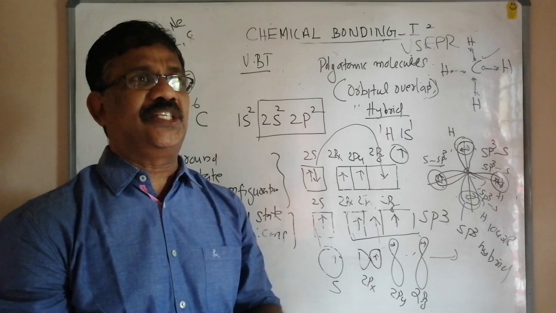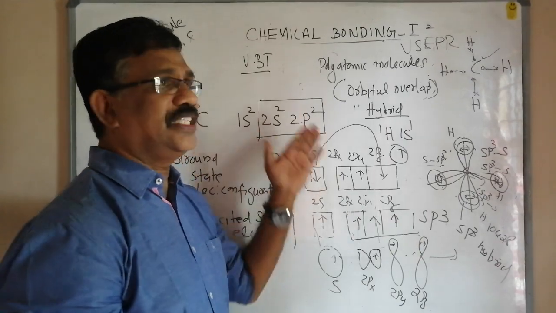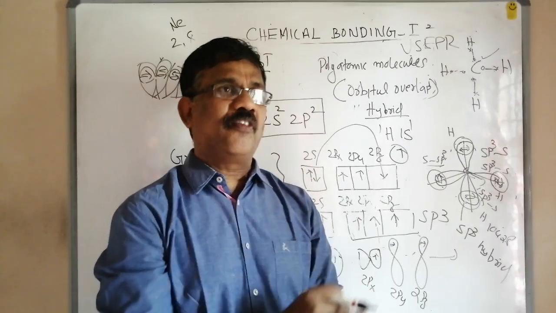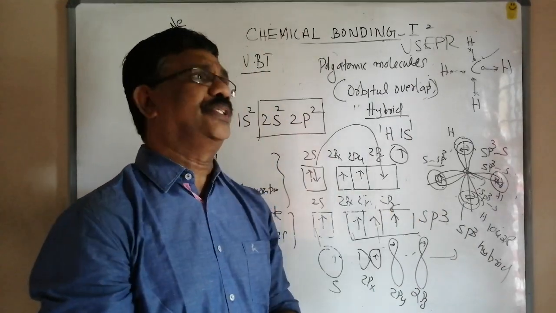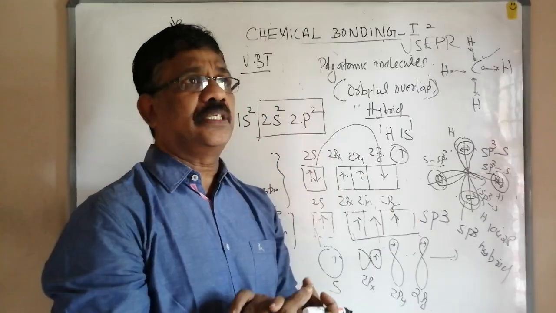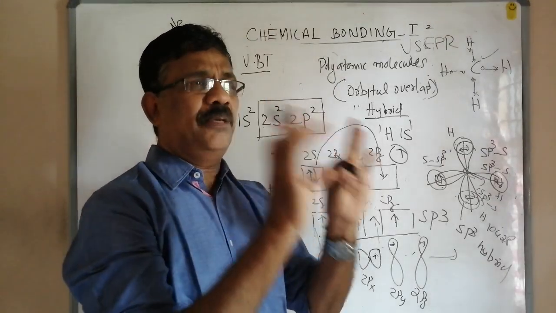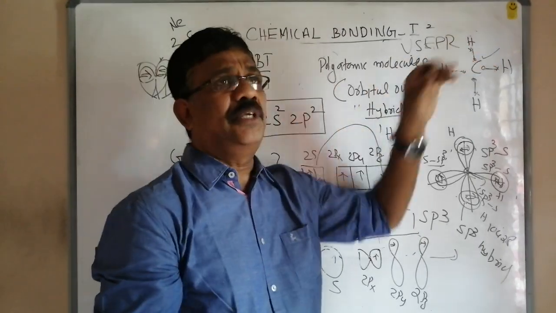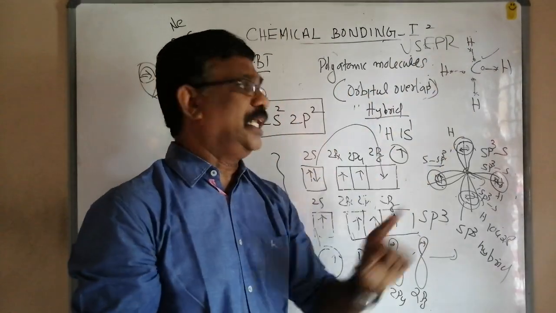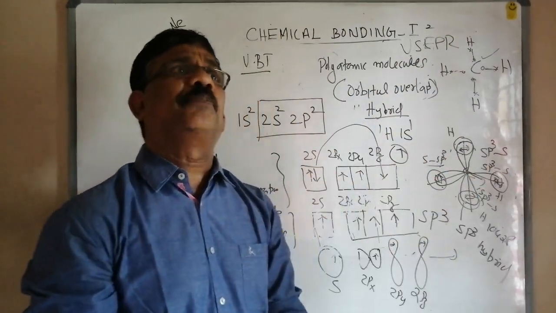How is a covalent bond formed? In a simple diatomic molecule, by simple overlapping: SS, PP, SP. In polyatomic molecules, the hybrid orbital of the central atom overlaps with the incoming atom's orbital. Here the incoming atom is hydrogen and the hybridization is Sp3, so Sp3 S overlapping.